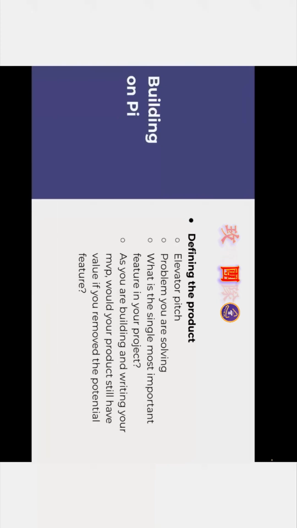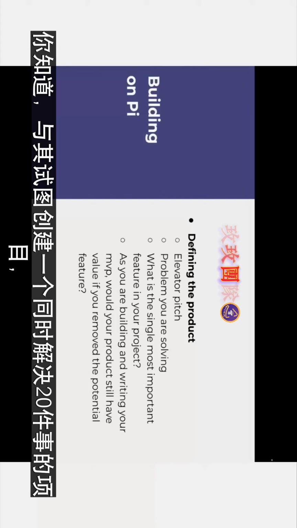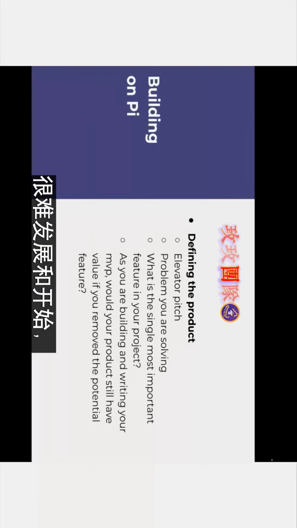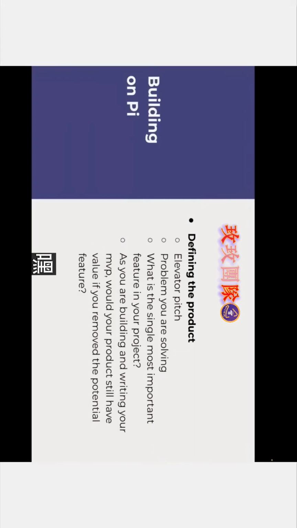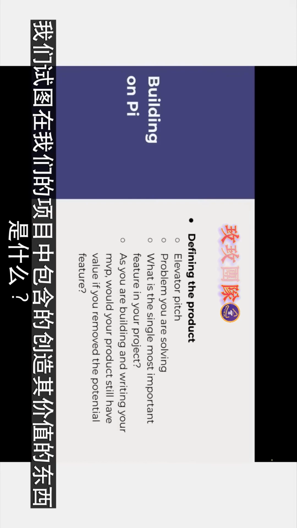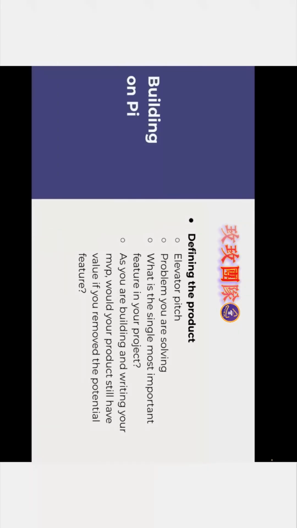Instead of trying to create a project that solves 20 things at once, which is very difficult to develop and get rolling, really try to bear down, create that MVP, and determine what is the one thing we are trying to include in our project that creates its value.